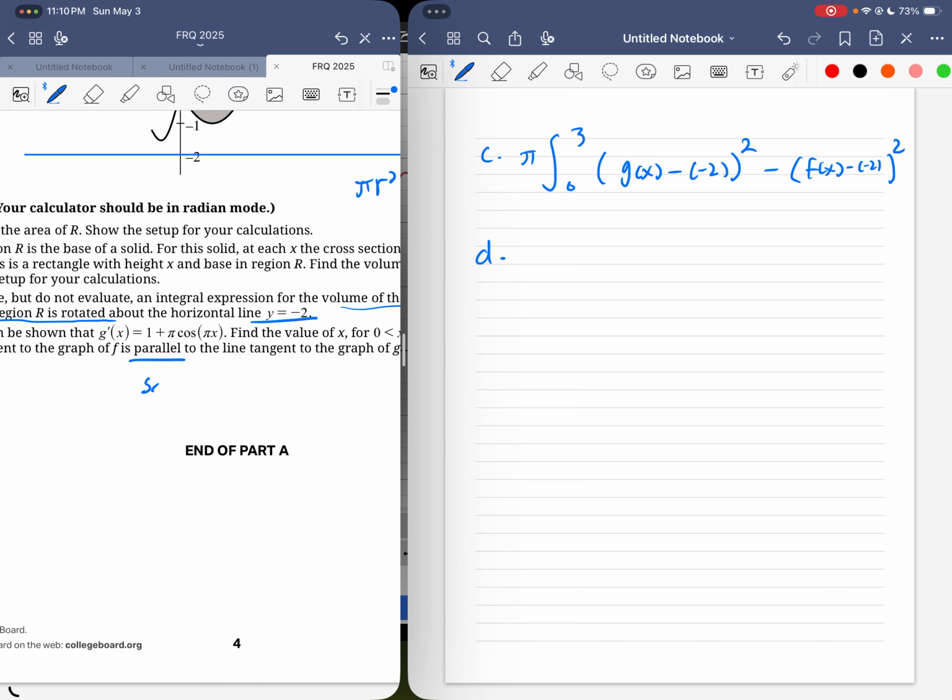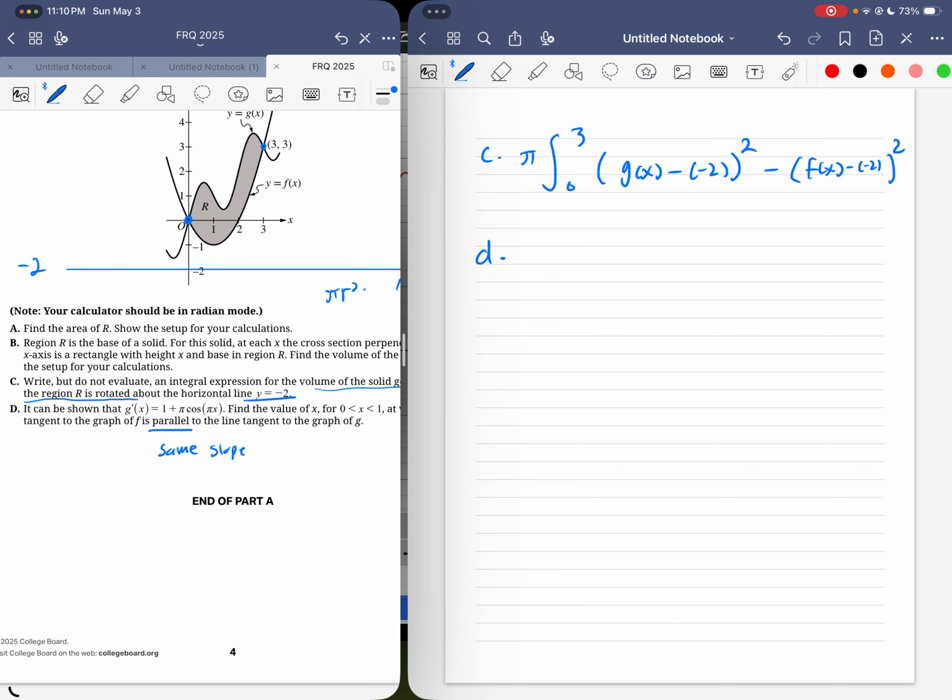It means same slope. So you want to know when f prime is equal to g prime. Parallel means f prime of x equals g prime of x. You just want to know when.